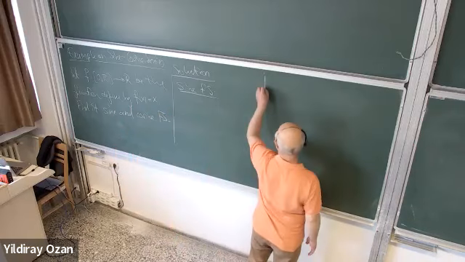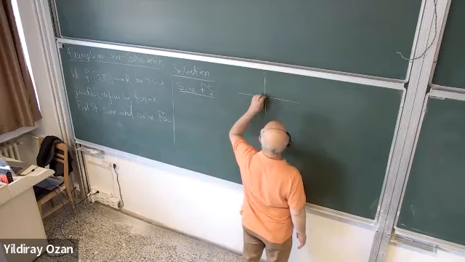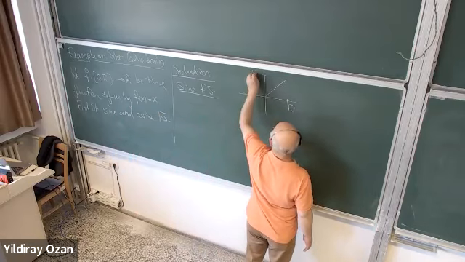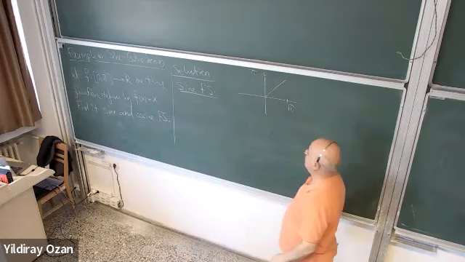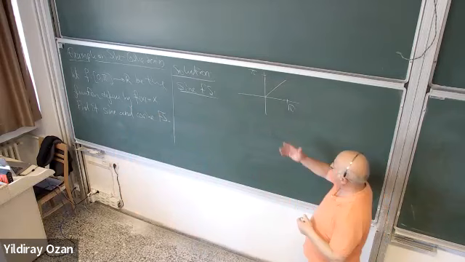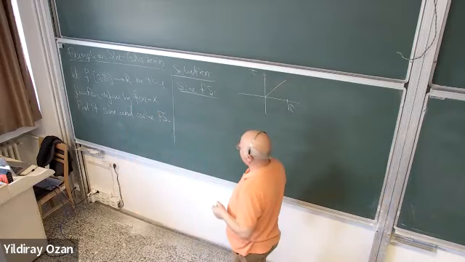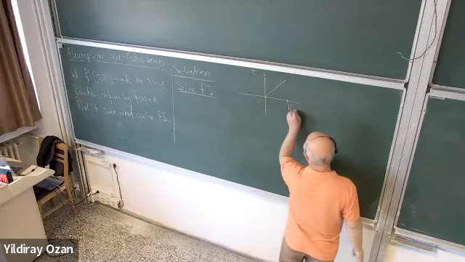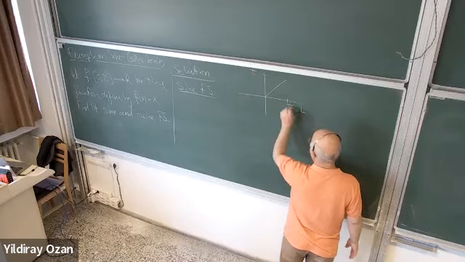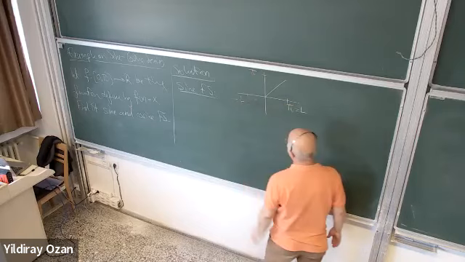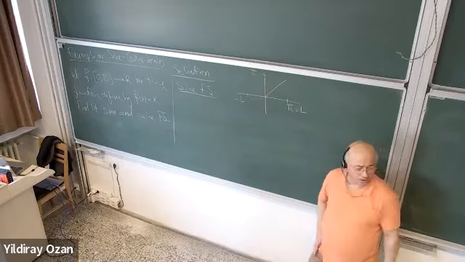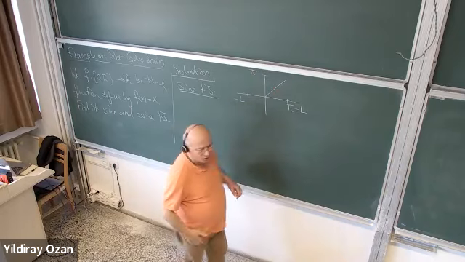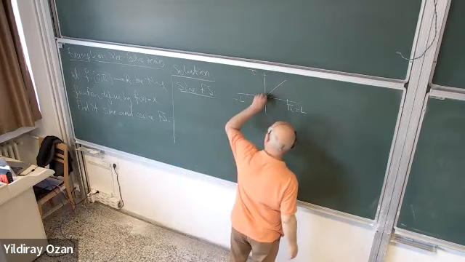Now our function is just this one from 0 to pi, and to obtain its sine series, we have to extend this to minus L to L, so that it's an odd function. Well, here it is x. X is already an odd function, so I just extend it as x.